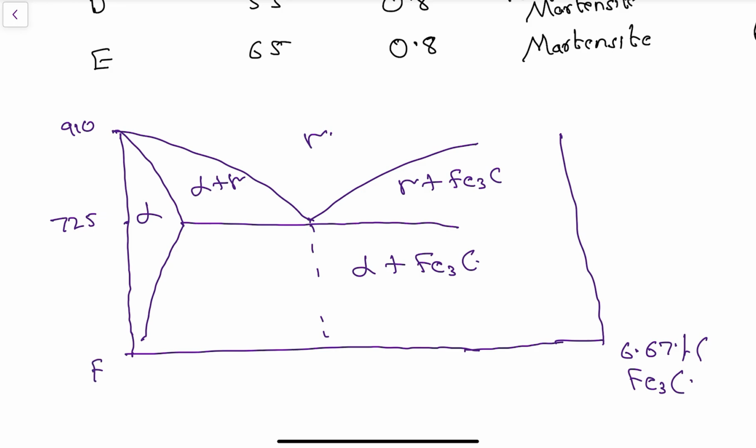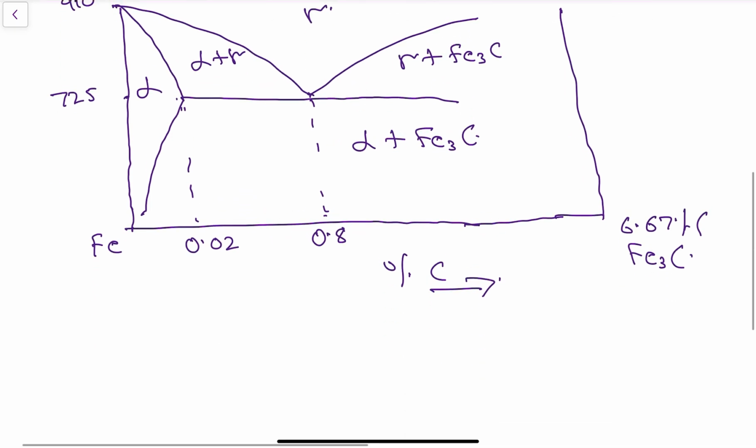Here you have pure iron. This is percentage iron, percentage carbon, and this is 0.8 percentage, and this is 0.02 percentage. So this was the eutectoid reaction. In the eutectoid reaction, austenite is converted to alpha plus Fe3C. This is a phase transformation process.